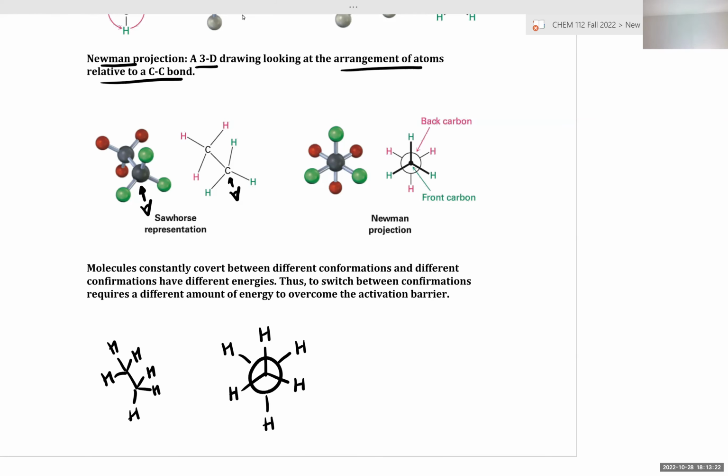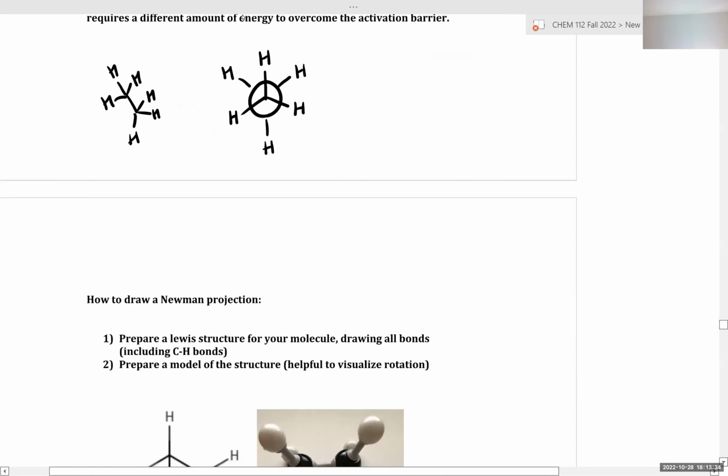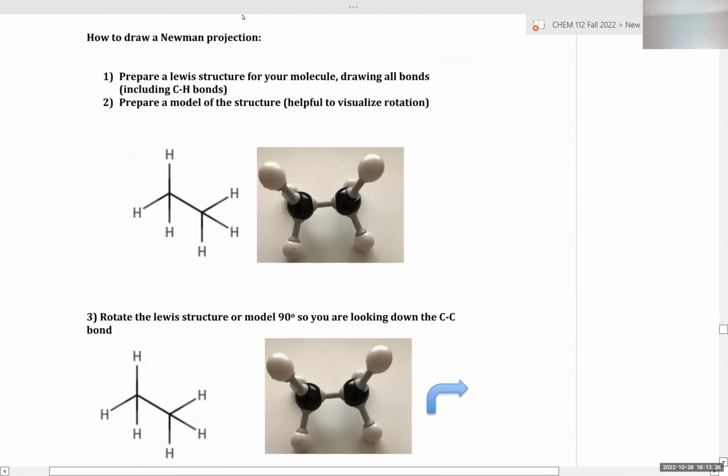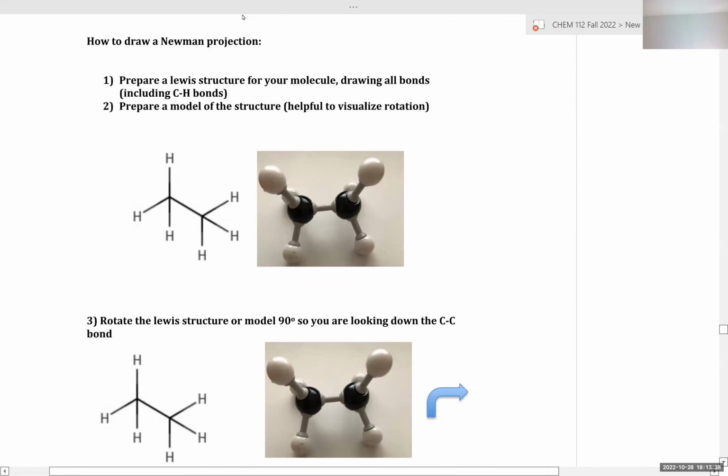Now, Newman projections are important as many molecules can access a range of conformations, and Newman projections help us visualize those conformations. We're now going to talk about a practical step-by-step process to draw Newman projections.